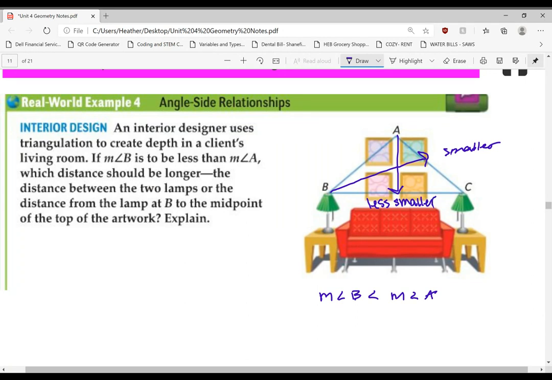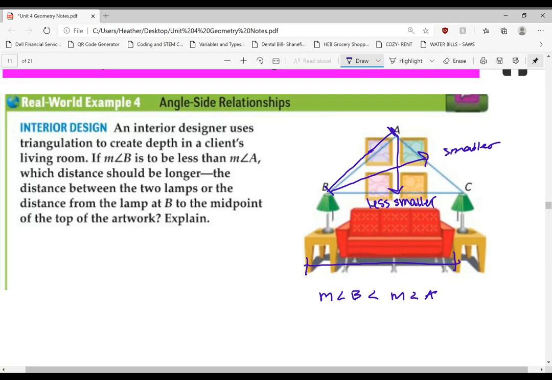So then it wants to know which distance is longer, the distance between the two lamps, or the distance from lamp B to the midpoint of the top of the artwork, so here. Since AC is opposite to angle B and BC is opposite to angle A, then AC is less than BC, and BC is greater than AC.